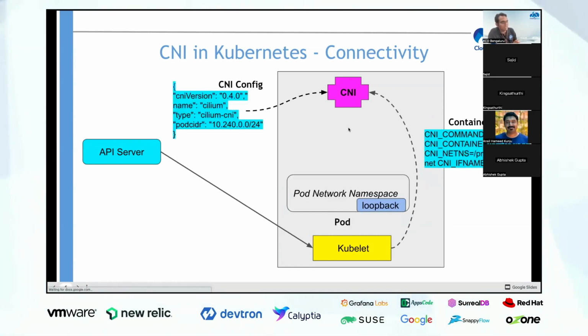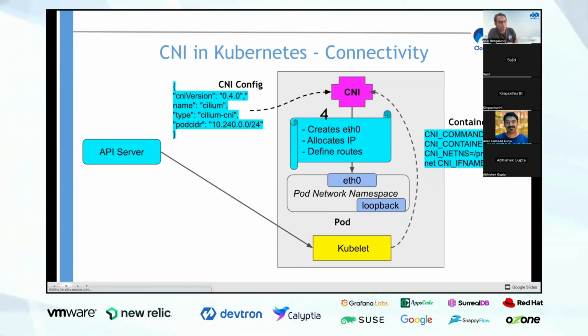And then this CNI plugin looks at the configuration, and this configuration assigns the IP address back to your pods. That is how CNI works in a Kubernetes setup, right? You make a request to the kubelet, which talks to the CNI driver you have and gets the IP address to you.